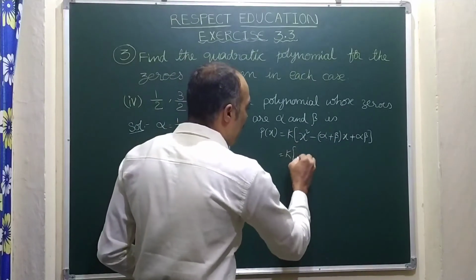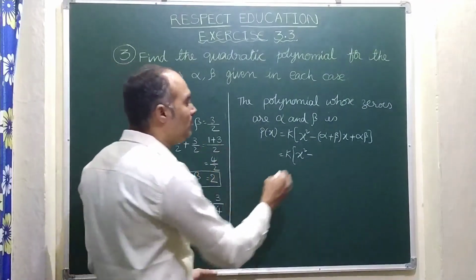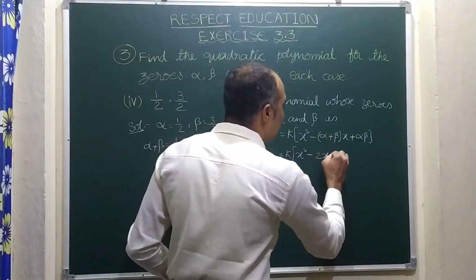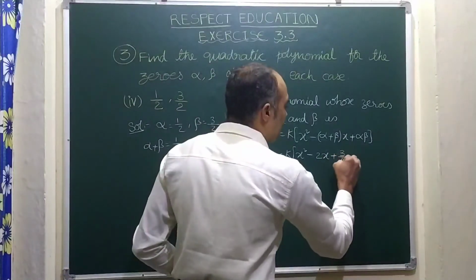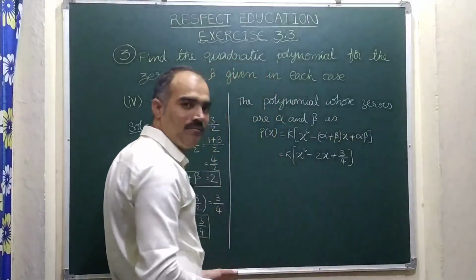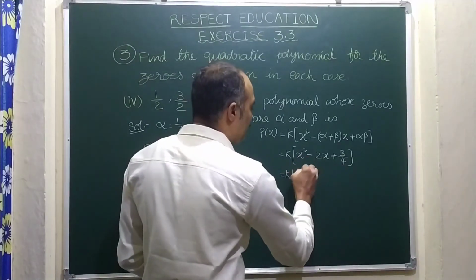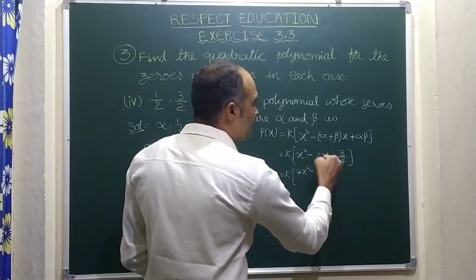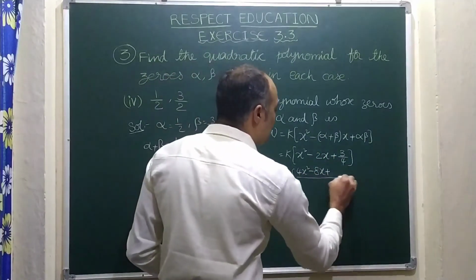k into x square minus alpha plus beta is nothing but 2. So here it is 2 into x plus alpha beta is 3 by 4. So it is plus 3 by 4. Here you see 4 is LCM. Now here I am taking 4 as LCM. 4 into x square, 4x square minus 4 2s are 8x plus, here I am taking 4 as LCM, right?